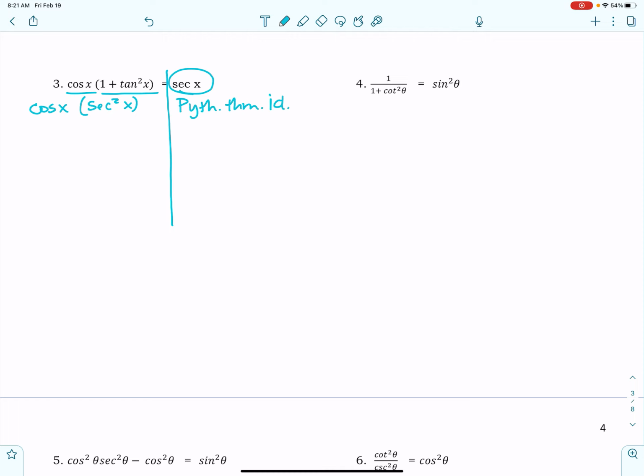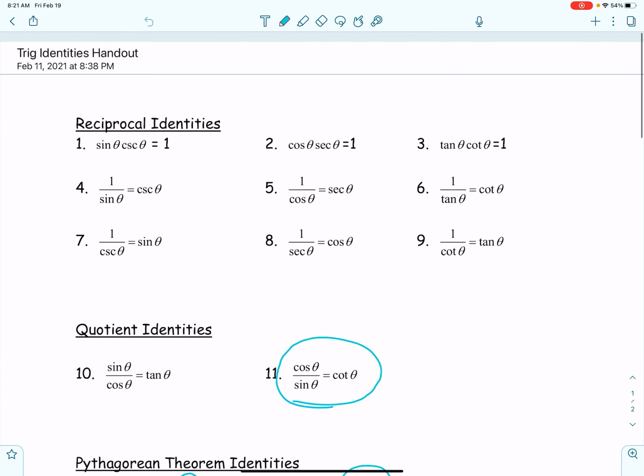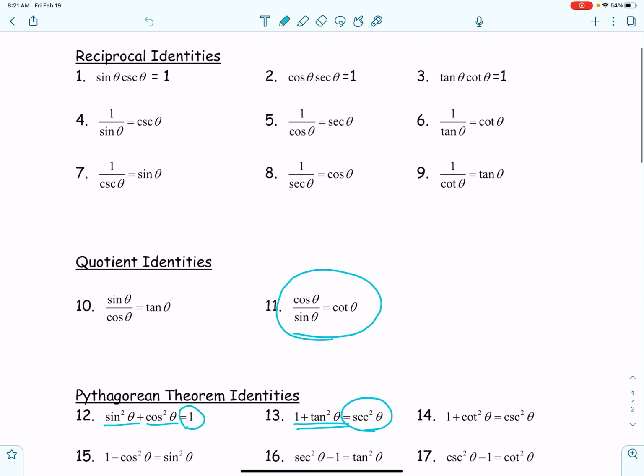Awesome. Now I need to recognize that I just need one secant x, and I've got secant squared x right now and a cosine. So again, I'm going to visit my identity sheet, and let's recall that I can rewrite cosine as 1 over secant.